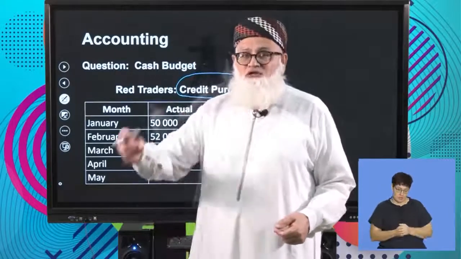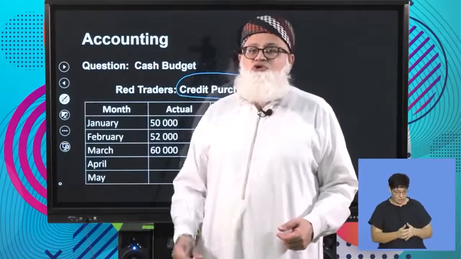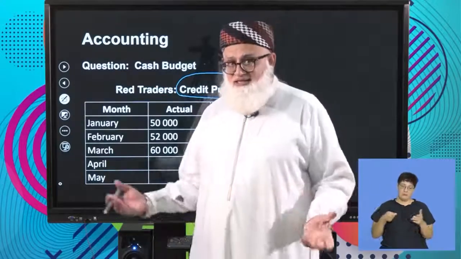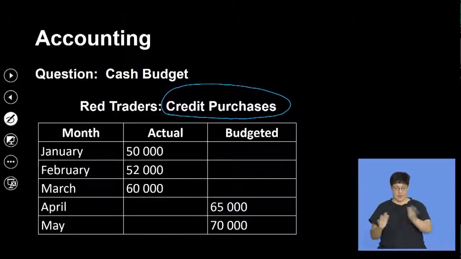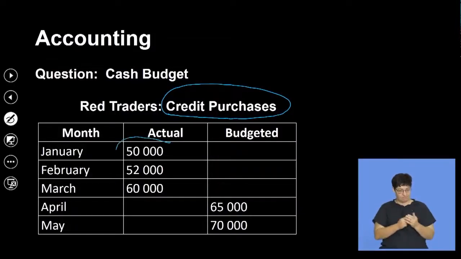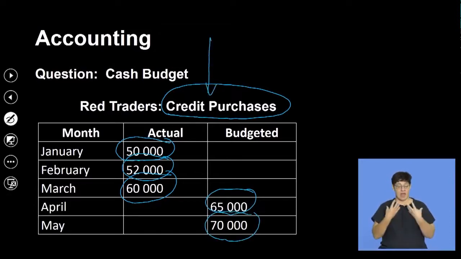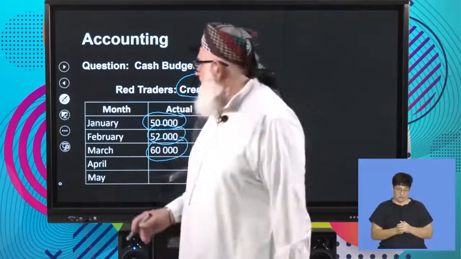And once you've calculated the credit purchases, you can then go on and do the creditors' payment schedule. But in this case here we have the information. There's my actual credit purchases for January, February, and March. And there's my budgeted for April and May. So once again, we have our credit purchases figure, meaning it's much easier to calculate. Okay.